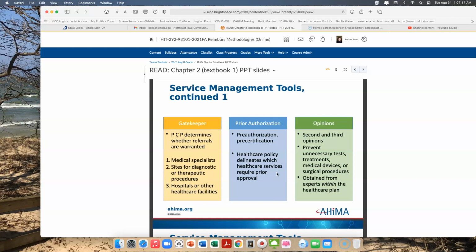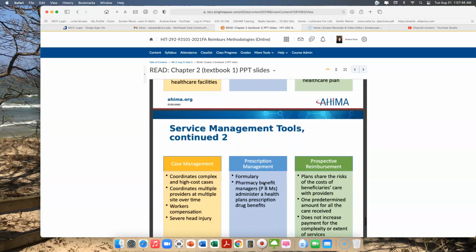So we talked about the primary care physician being a gatekeeper to determine whether referrals are warranted. We talked about prior authorization, making sure that pre-certification occurs, that medical necessity is validated. And then second, third opinions are often required before an expensive surgery, because again, they want to prevent unnecessary tests, treatments, medical devices, or surgical procedures, and they try to obtain those from experts within the healthcare plan.